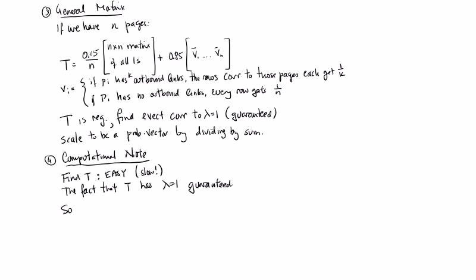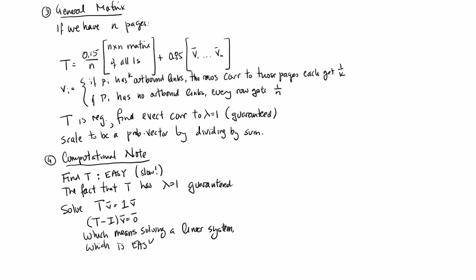So the last thing you need to do is find the eigenvector, which means you need to solve tv equals 1v, which is the same as solving (t minus I)v equals 0, which is basically just solving a linear system, which is giant row reduction. Which is not hard, right? Which is, again, easy. Which is not to say it doesn't take some time, but it's easy to do.